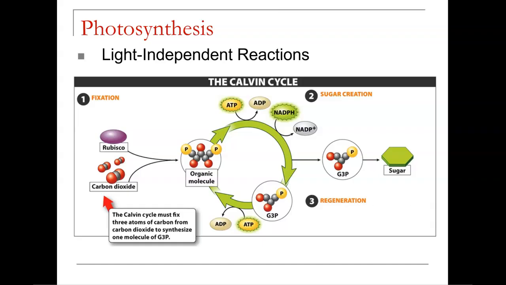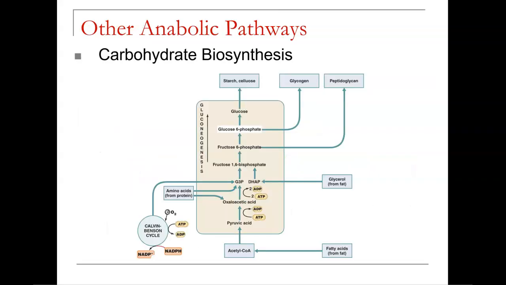Here you see carbon dioxide comes in and combines with Rubisco, and makes your organic molecule. You use some energy to go through this Calvin cycle. It helps to create that sugar, what's known as a G3P molecule there, and then it regenerates.